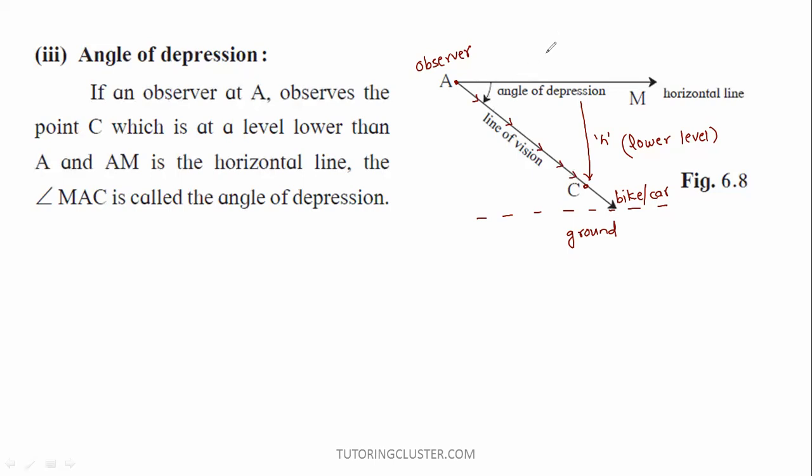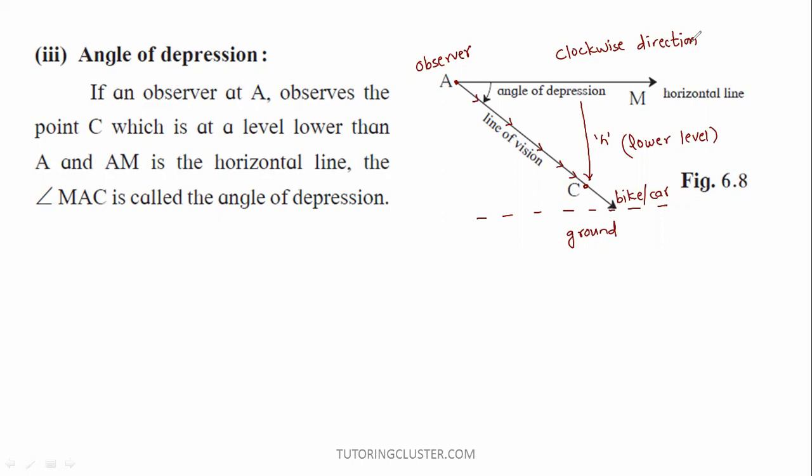The angle which is measured in this direction is the clockwise direction. It's very easy. Where is the object? If it is at a certain height from the ground, at a higher level, it will be the angle of elevation.